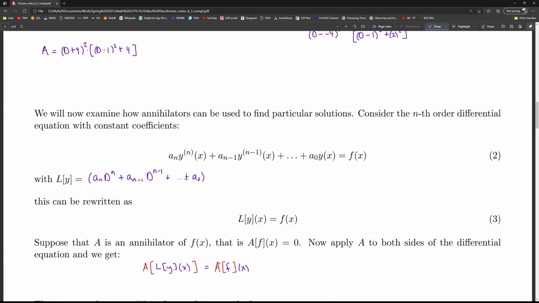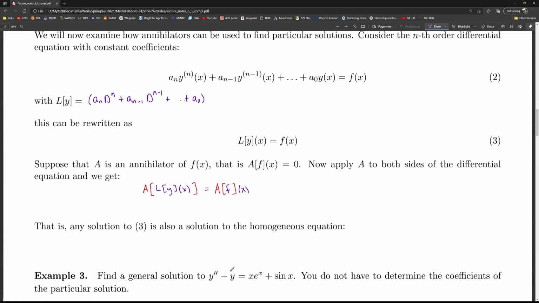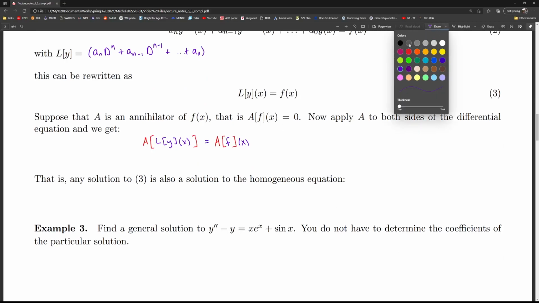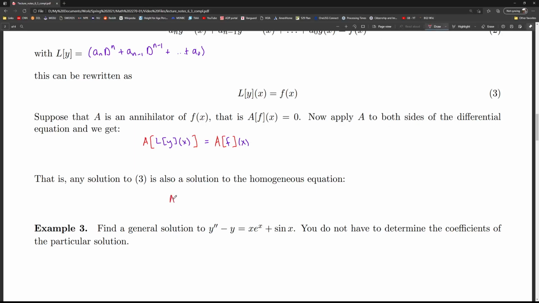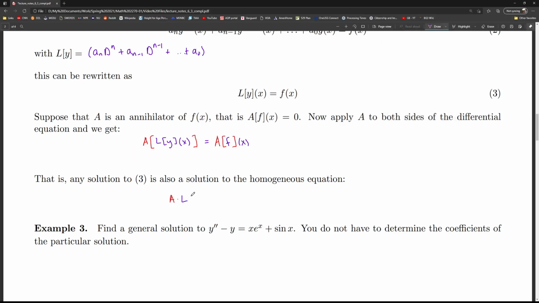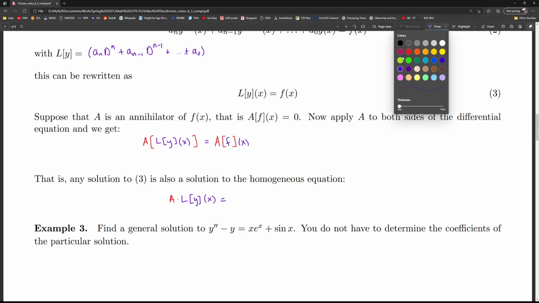Now, by the definition of an annihilator, the right-hand side will become 0. So now we have the homogeneous equation A times L of y of x equals 0.